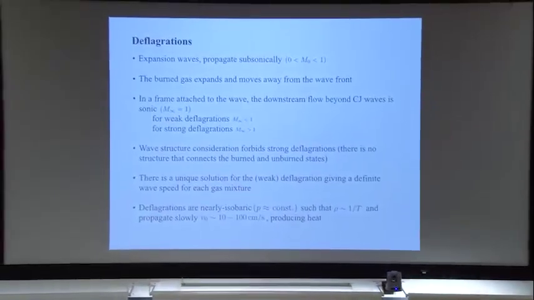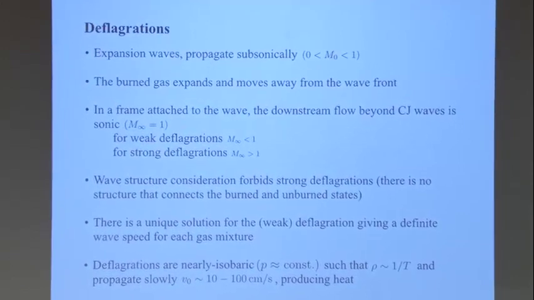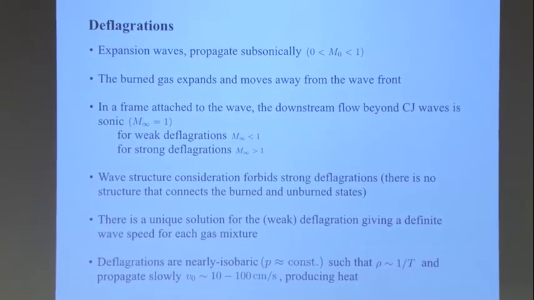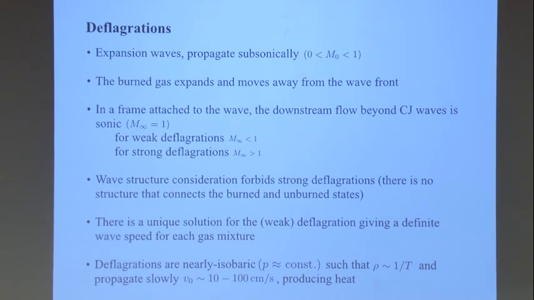So, that unique value cannot be determined from this simple analysis, but we have to go inside the structure and examine what is happening inside the flame structure, and we will discuss that probably tomorrow or later today.